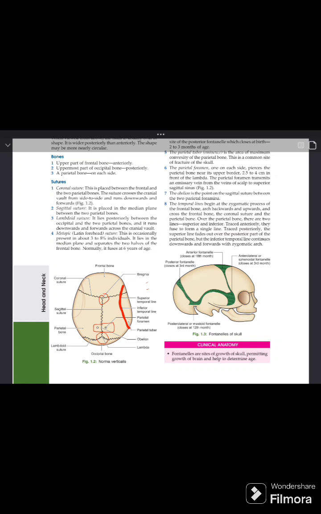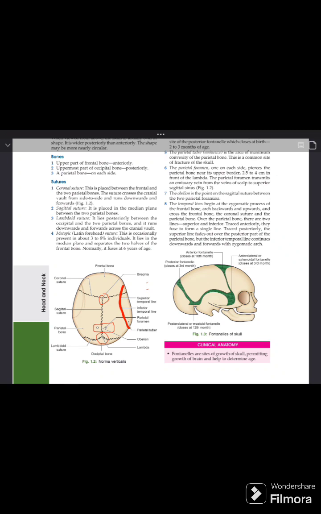You can see there are two lines arising from there. One is the superior temporal line and one is the inferior. The superior does not continue farther than the parietal bone, it diminishes here, and the inferior line is completing the zygomatic arch. So these are the temporal lines.